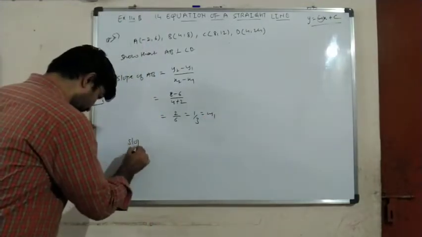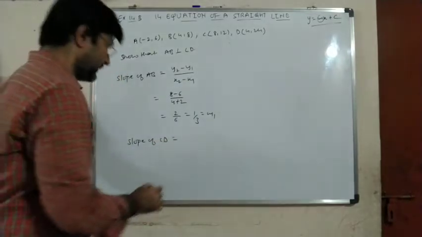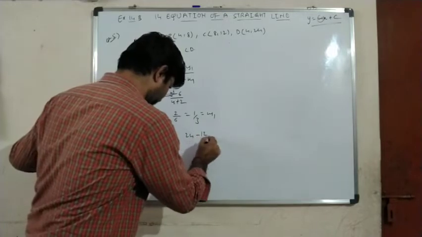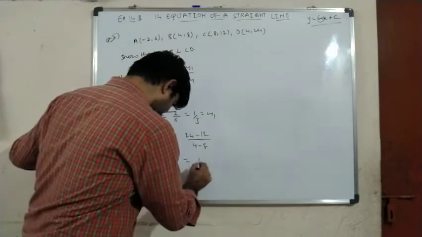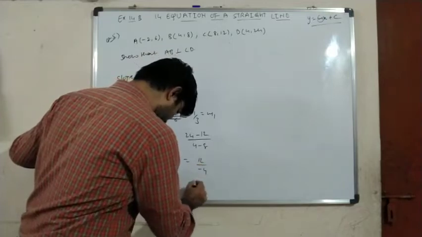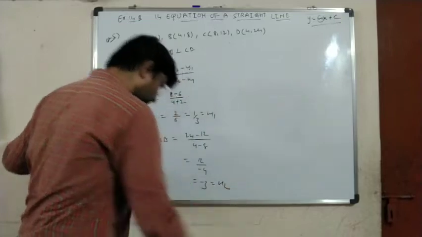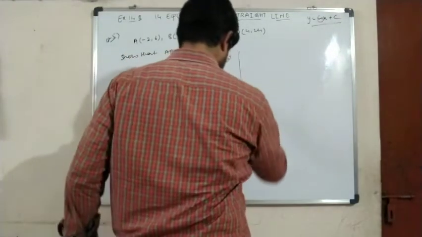Now let us find out the slope of CD. Again y2 minus y1, that is 24 minus 12 upon 4 minus 8, which is equal to 12 upon minus 4, equal to minus 3, which will be denoted to be M2.